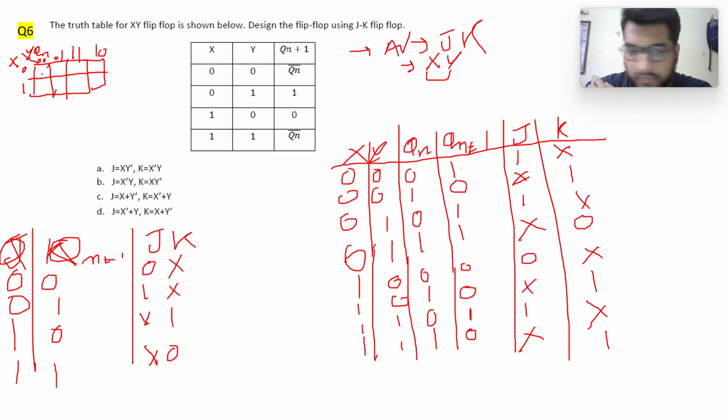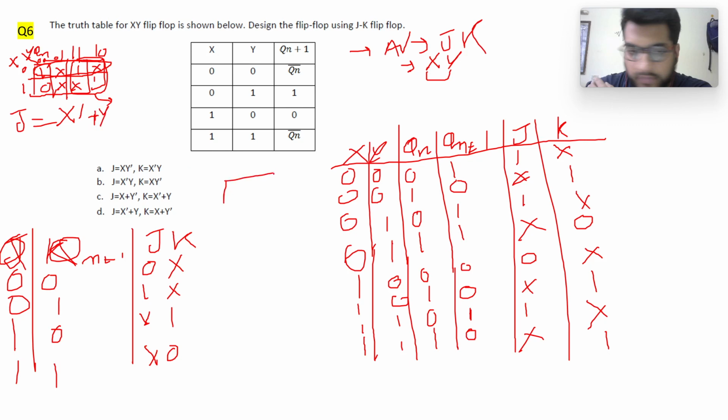Let me fill it: 1 X 0 X X 1. So we can group it like this and like this. J will be, from this X complement, and from this Y. So J is equal to X complement plus Y.